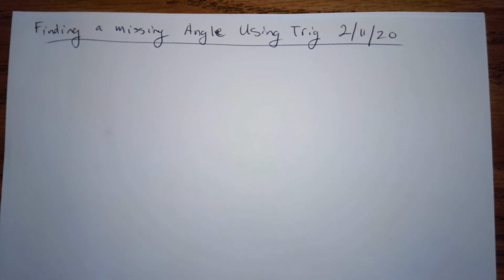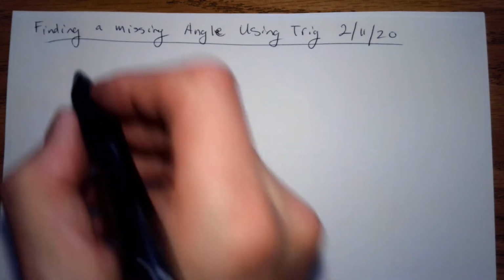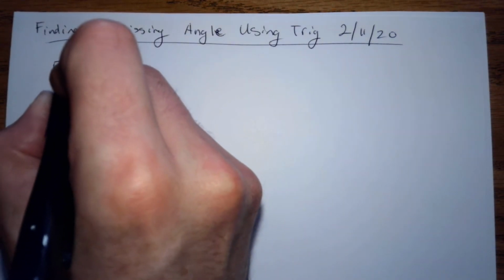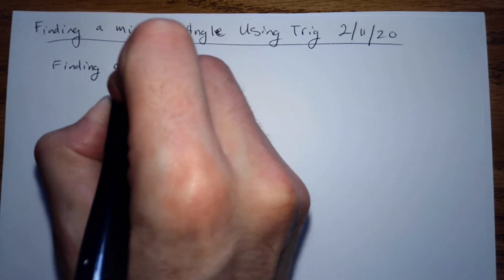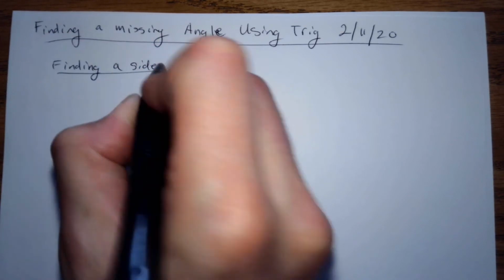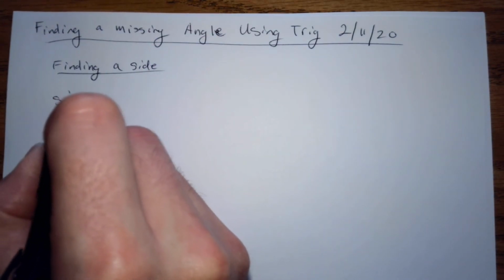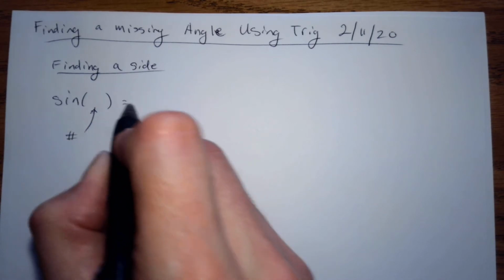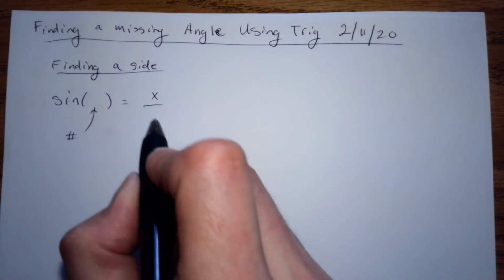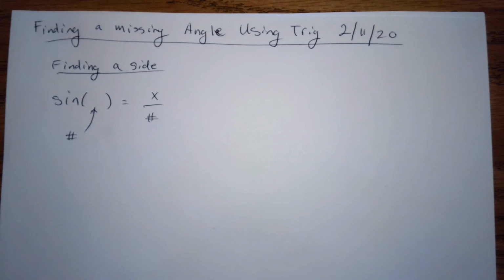So hopefully you can tell by the title, instead of finding a side length like we were doing yesterday, we're going to be finding a missing angle using side lengths. But I just want to remind you that if we're trying to find a side, what we would normally do is plug in a number there, and maybe we'd have x over some number.